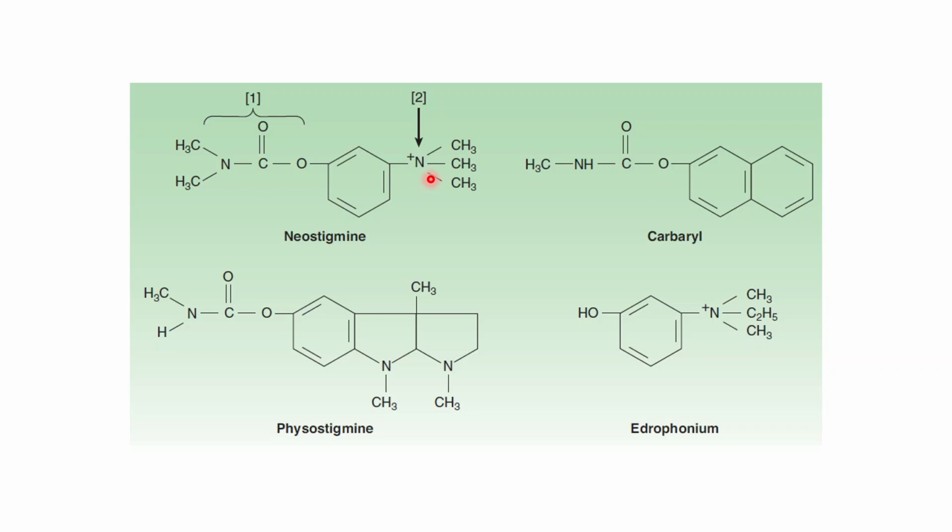So these are carbamates. The third is organic derivatives of phosphoric acid. So we don't have acetylcholine-like structures here because they are organophosphates.